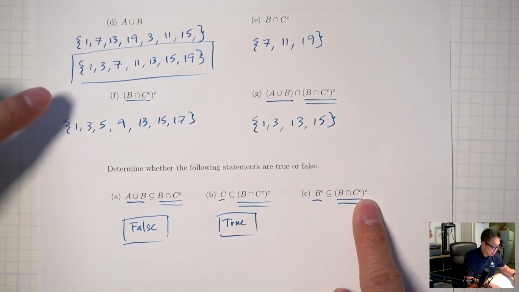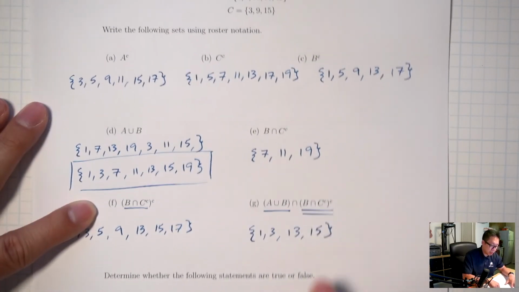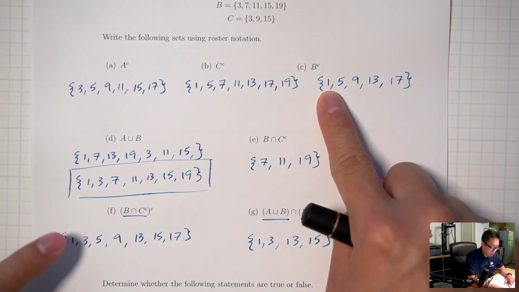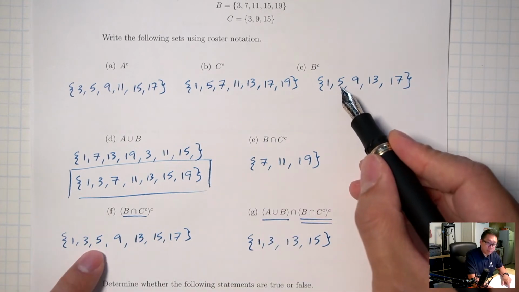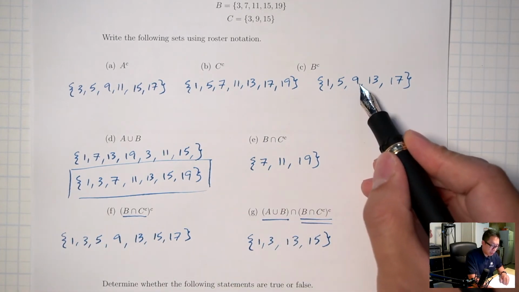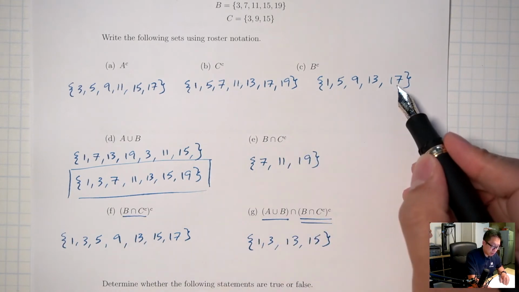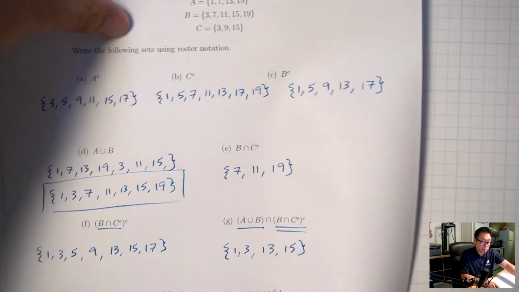Where's that? That's part F. Okay, so start with the set on the left, which is B complement, just this one here, and then go through. So is 1 in here? Yes. Is 5 in there? Yes. Is 9 in there? Yes. Is 13 in there? Yes. Is 17 in there? Yes. All yeses. So this would be true.